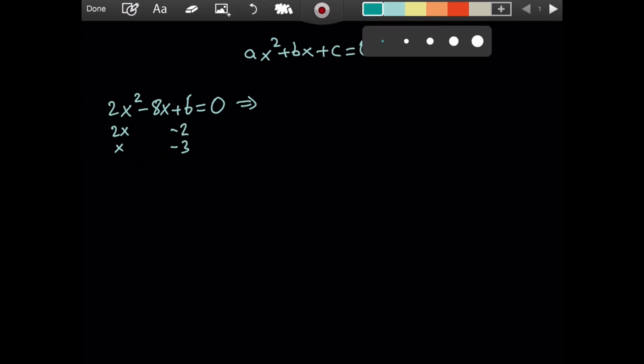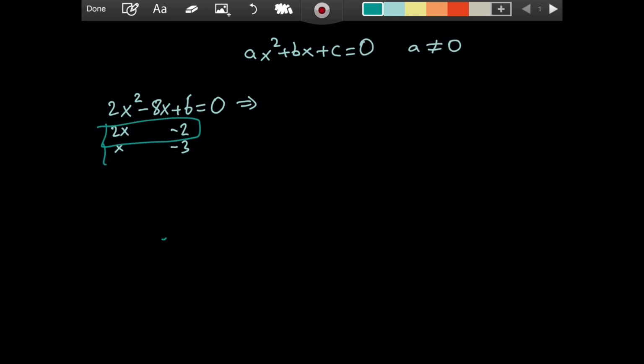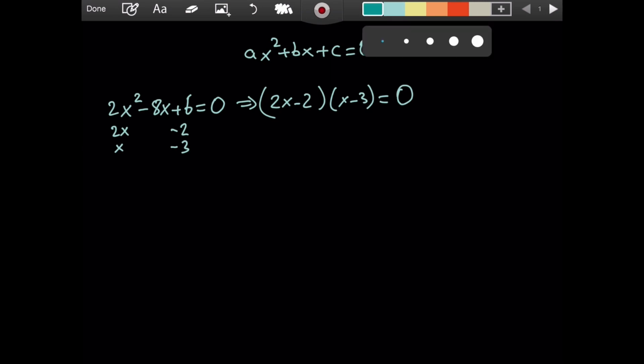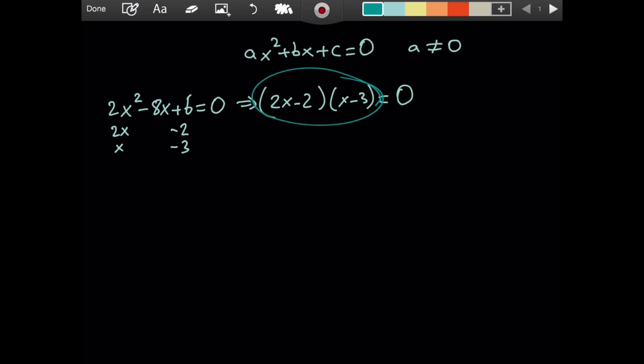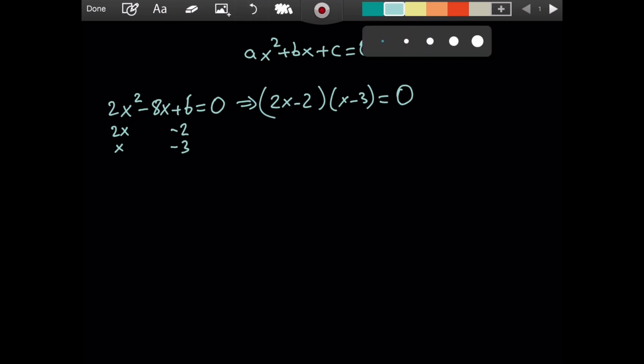And while writing the factors, we write them looking horizontally. So the factors will be 2x minus 2, x minus 3 equaling 0. And always you can check that you factored it correctly by simply multiplying, which is correct in this case. If you do it, you will see that.